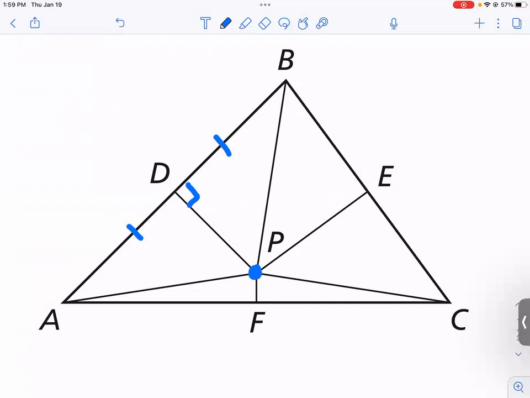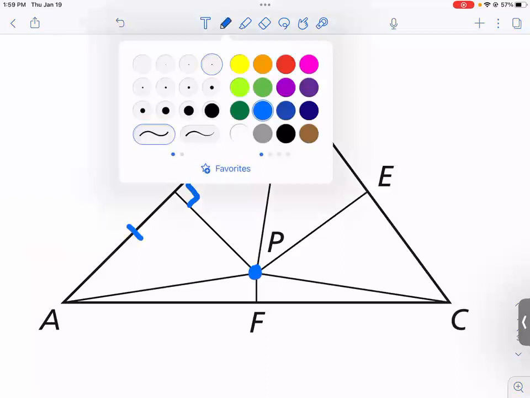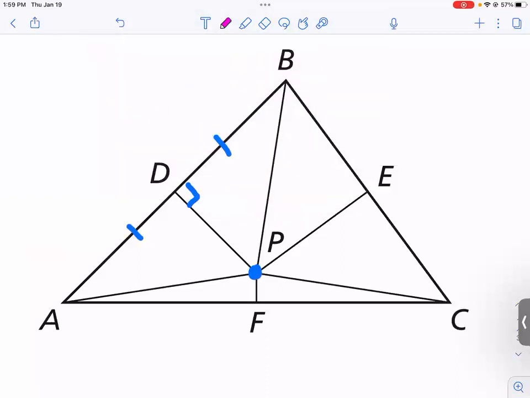Doesn't that also mean that BP and AP are the same? Read my mind. From our notes, Tuesday, yes, it means that BP and AP are congruent.